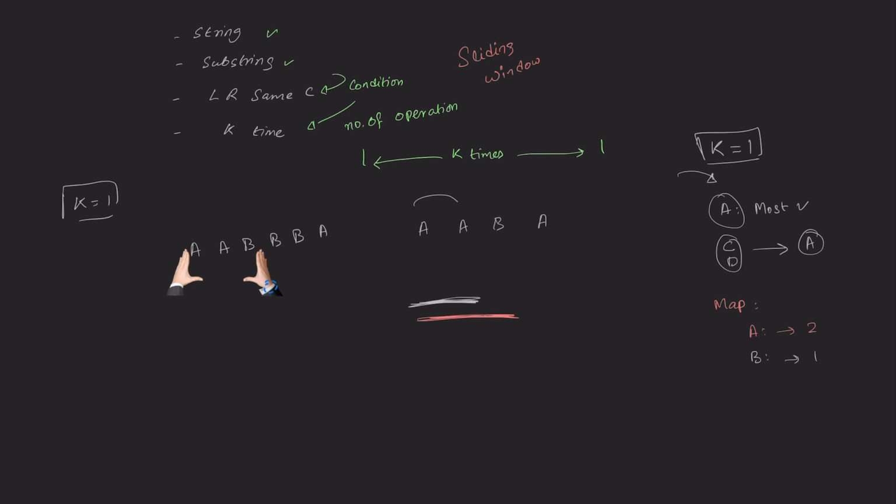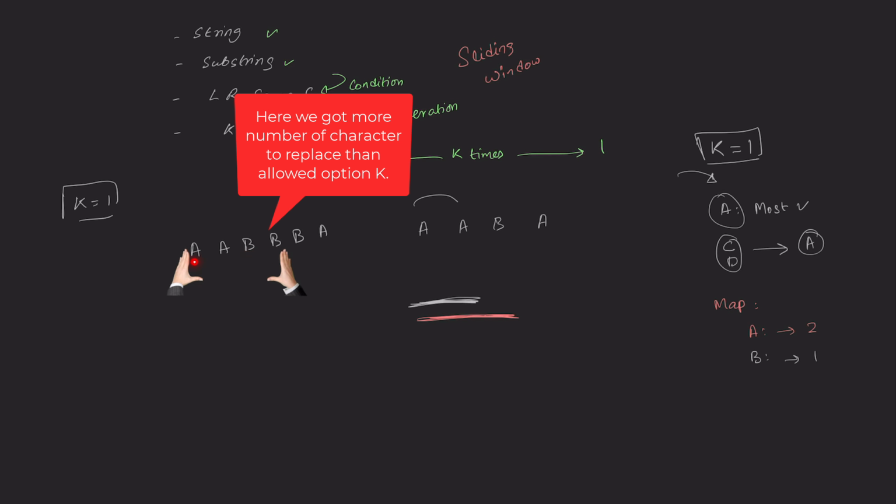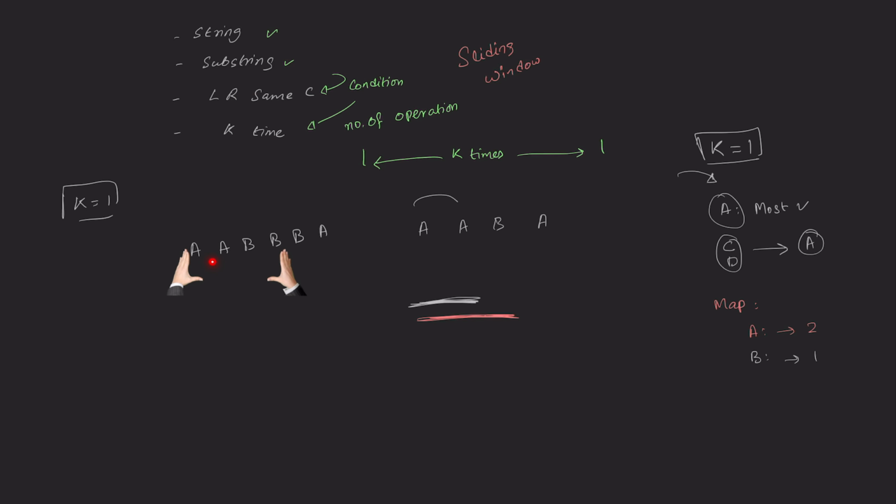Once you move that pointer further, now this whole substring is not giving us any better information. So we have to move our left pointer further ahead, and once we move that, we should update the map. Each time we are moving our cursor, either right or left, we are going to update our map.